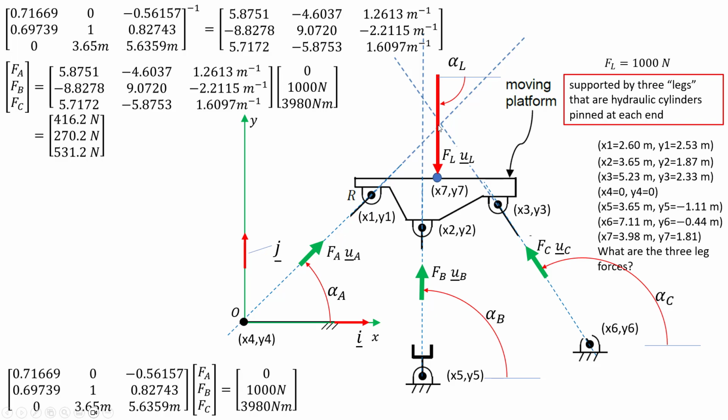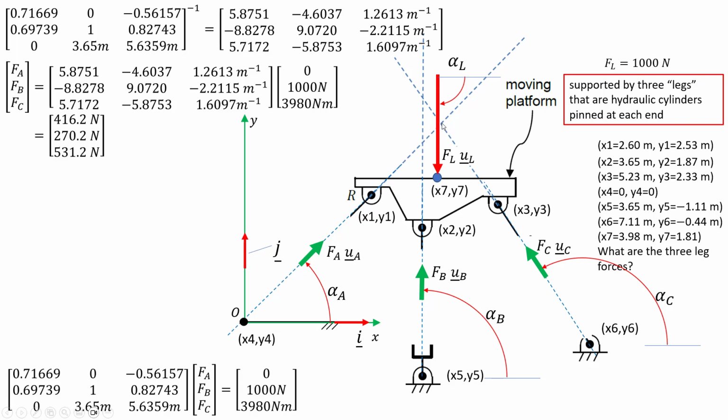But as you see, it's a little bit off, and B is not 0, but it is very much smaller than the A leg and the C leg. So the A leg and the C leg are dominating because the line of action of the applied load is closer to that point.